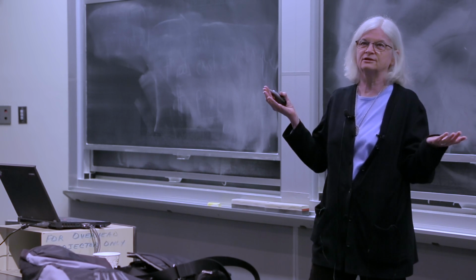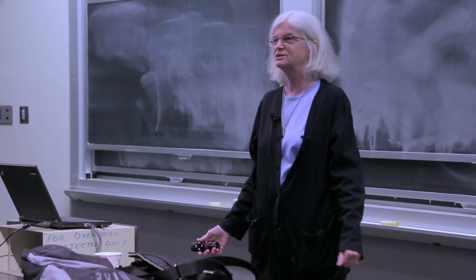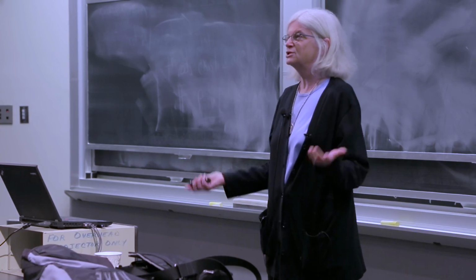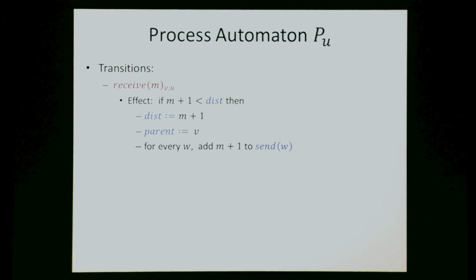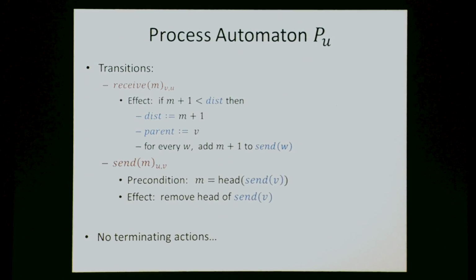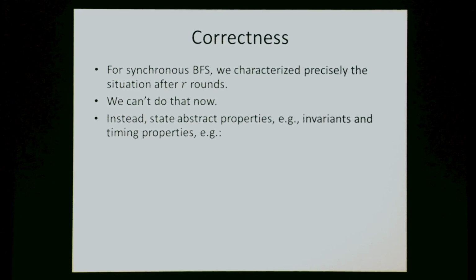Even if you have a good upper bound on the number of nodes in the network, there's no rounds to count. So you can't tell. Even knowing the number of nodes, you can't tell. So how might you detect termination?